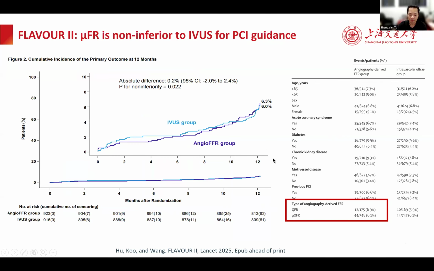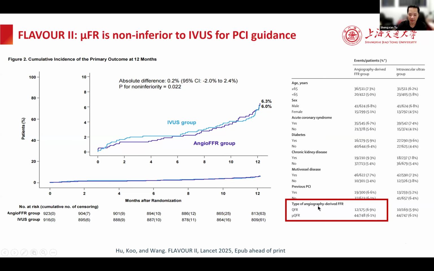The study was presented this year at ACC and published. It clearly showed that MUFR is non-inferior to IVUS guidance in non-complex lesions. In complex lesions, it may be different, but in non-complex lesions, indeed, MUFR has comparable results to IVUS. And you can see this type of table here.